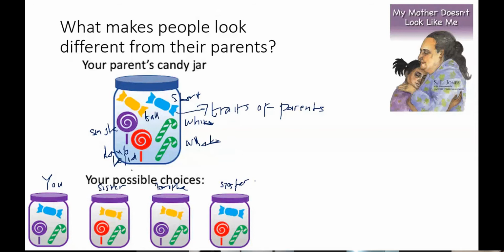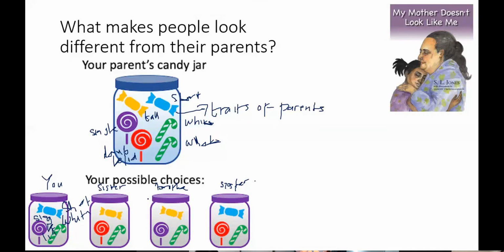And then, for example, your characteristic is short, white, and single lid. You look different from your sister, and that's why you look different from your brother and another sister.